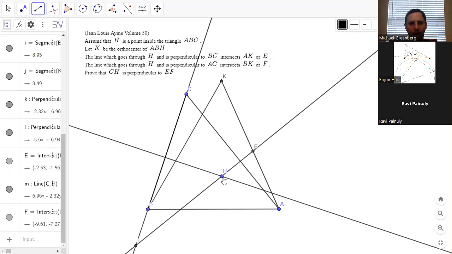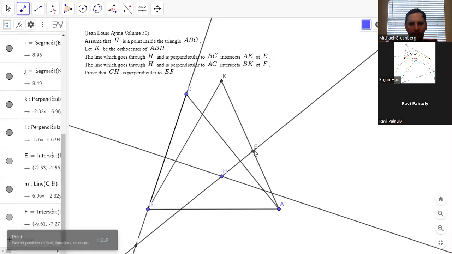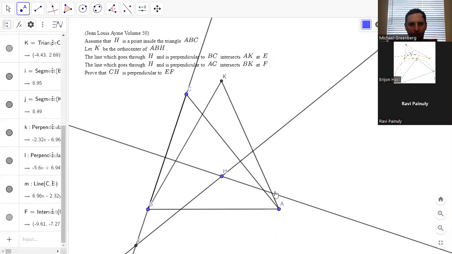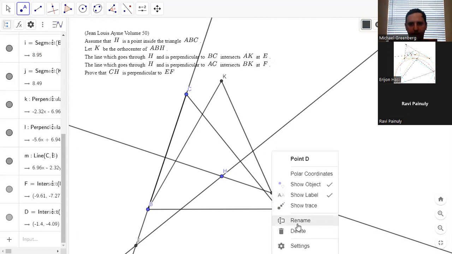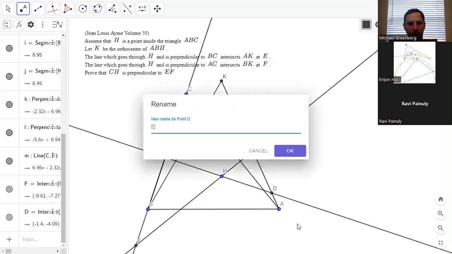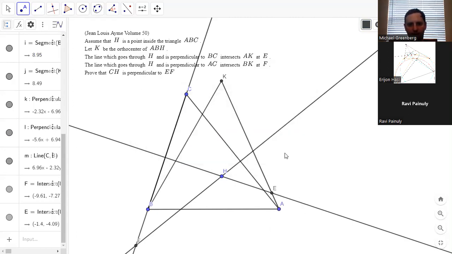So the perpendicular from H to BC, point E I didn't draw, right? So this should be point E. So H to BC and H to AC. Okay, so let's draw this point right here and this point, and then I can hide everything.